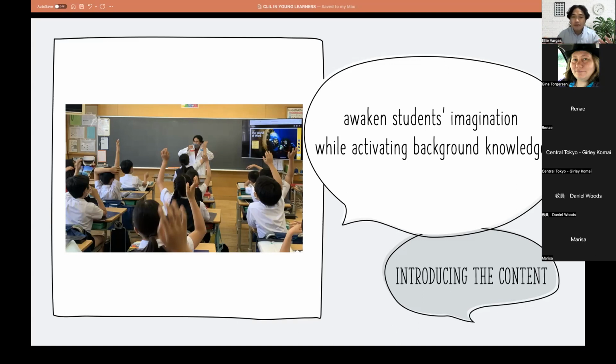It was easier for me to introduce the word scientist because they see me trying to role play it, and here they're raising their hands. They're very engaged because I asked them, "What color do you think I will get if I mix both of these?" So when we introduce, we tap on their background knowledge, and we try to be creative.